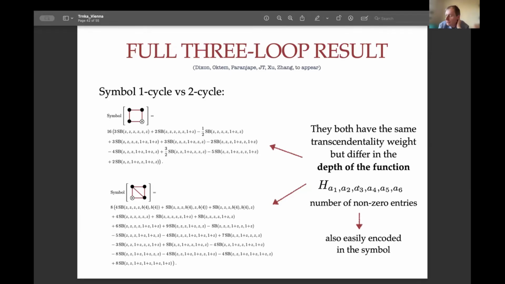We can trace it back to a property of the HPL, the depth of the HPL function. Higher cycles have bigger depth; they have fewer zeros as the arguments of the harmonic polylogs. So the cycle expansion seems to coincide with the depth expansion of the polylogarithmic functions that appear.